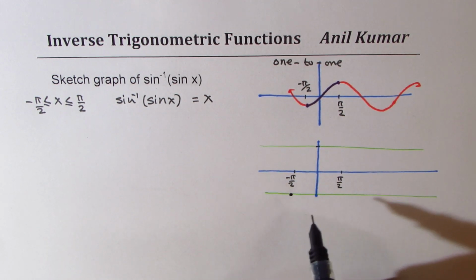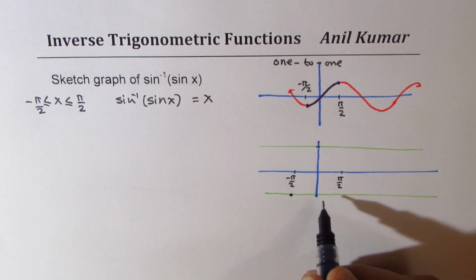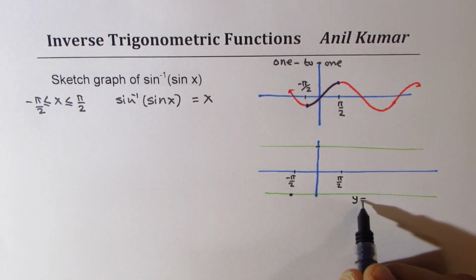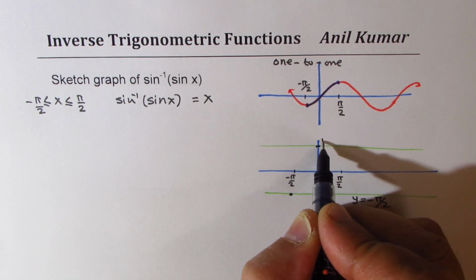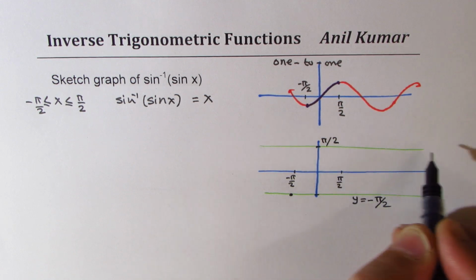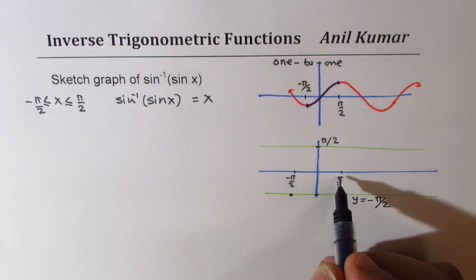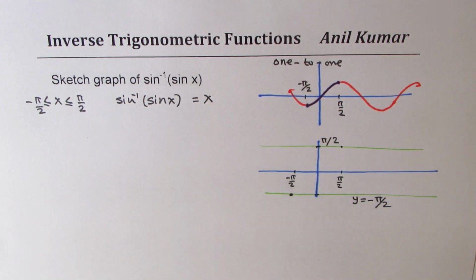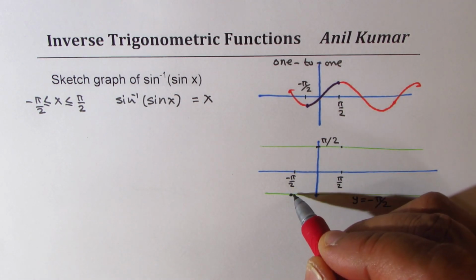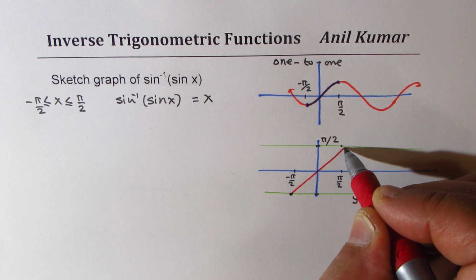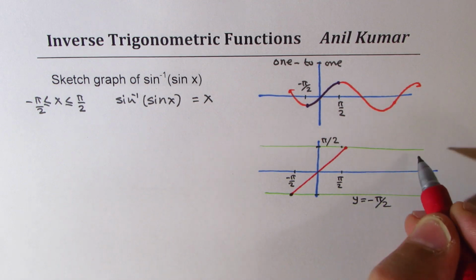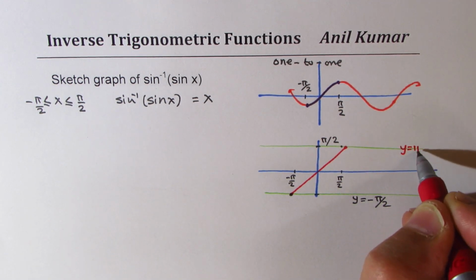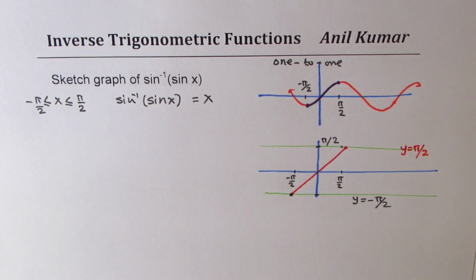So the value will be minus pi by 2. So this is the line where y equals minus pi by 2, right? This place here is pi by 2, correct? Now at pi by 2, it is going to be plus pi by 2, correct? So the graph here will be kind of like this, a straight line, okay? This is the line y equals pi by 2, correct?